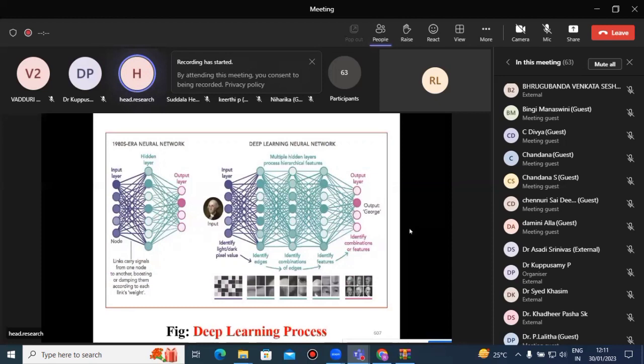I'm taking one scientist's image as input to the system. The first level input layer takes the data and divides it into pixels, then identifies edges, then combinations of edges, then features, then combinations of features, and then the output layer says, oh, he is George. That is the deep learning process.